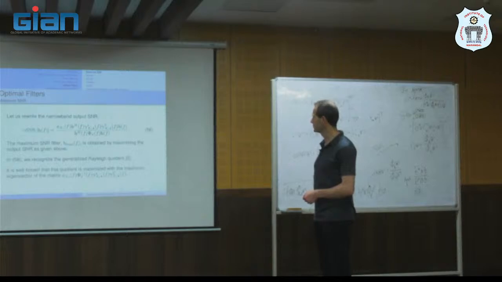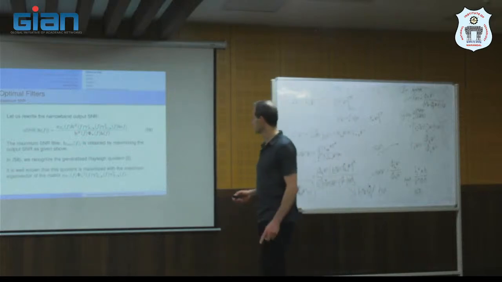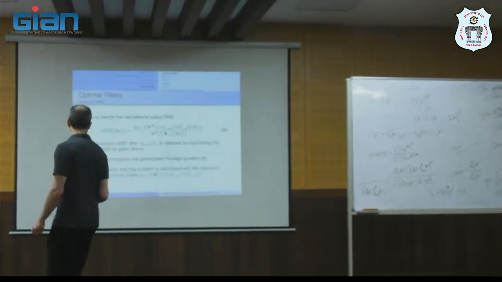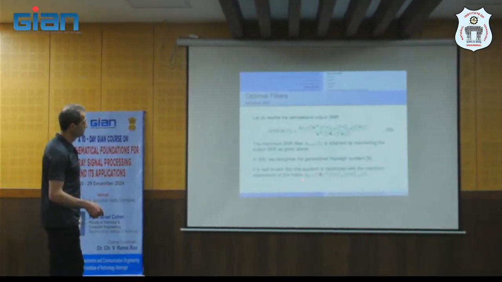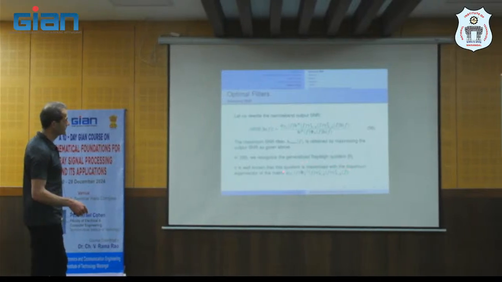So if we take this inverse and multiply with this matrix, it will be the first eigenvector, but we know that this matrix is rank 1, okay? So if we take the maximum eigenvector, the eigenvector that corresponds to the largest eigenvalue of this matrix, then any filter that is proportional to this eigenvector will generate the maximum output SNR.